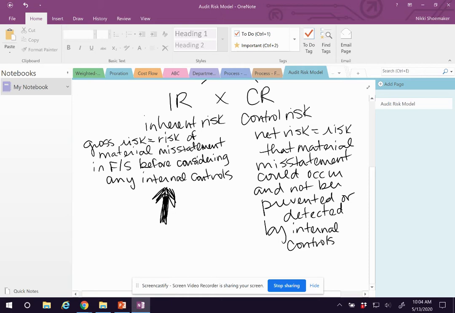Control risk is the risk that's left over that something did go wrong and internal controls did not work to either prevent and or detect and correct. So this is important. Let's add that correct. Those risks or those issues. Okay.